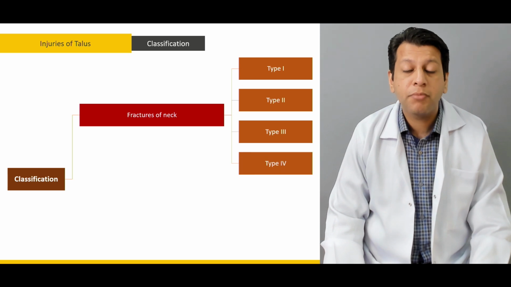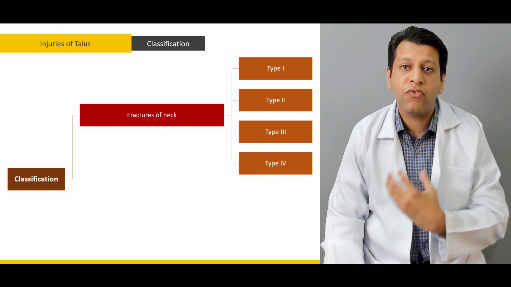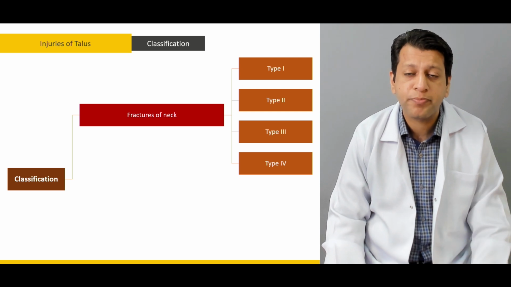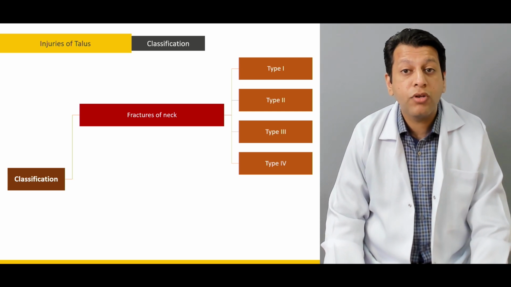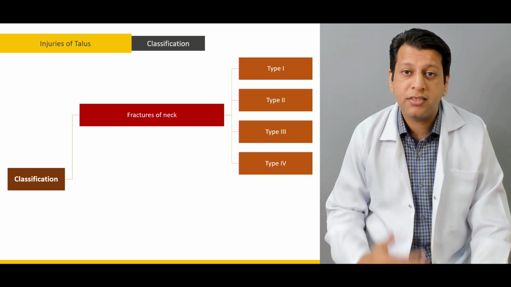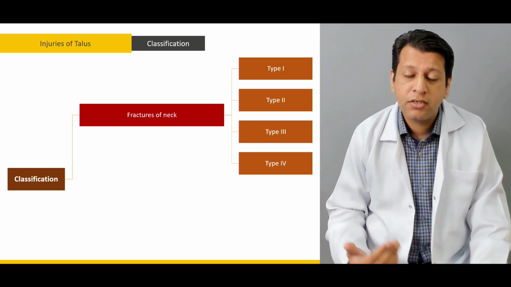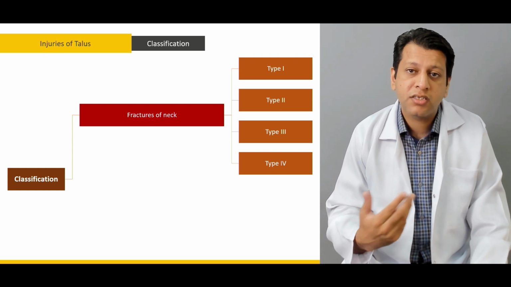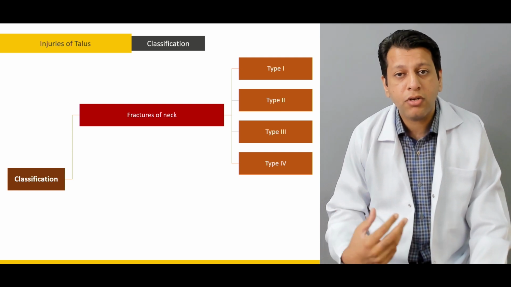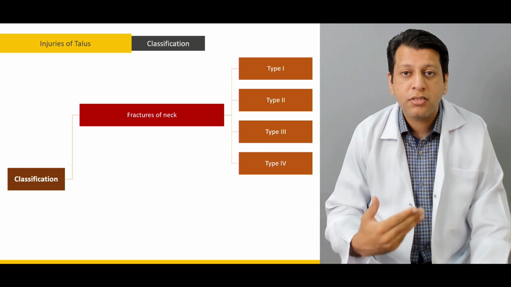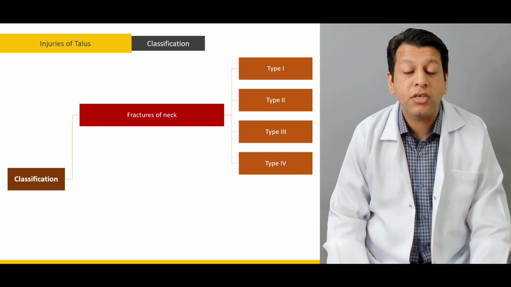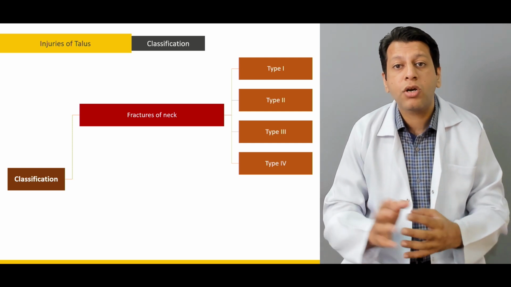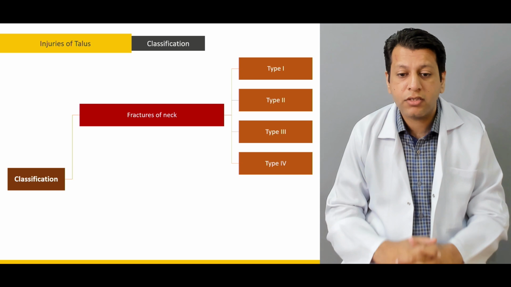Type 4 means the energy was further massive, there was high axial loading with dorsiflexion of the foot, leading to involvement of all three joints. That is, there was a neck fracture involving dislocation or subluxation of the subtalar joint, the tibial joint, as well as the talonavicular joint. This is called the Hawkins classification for talar neck fractures.